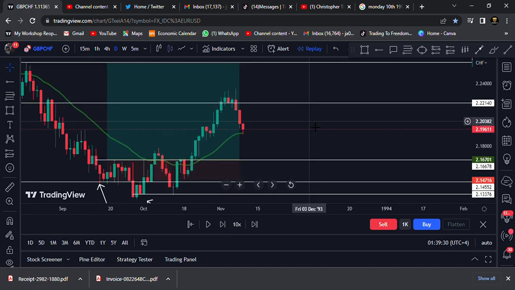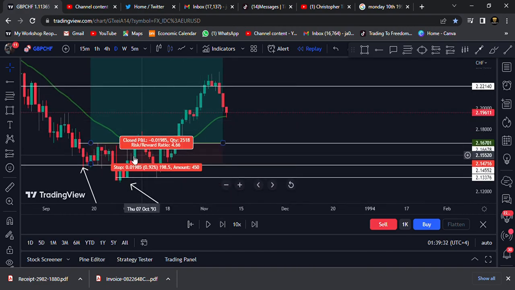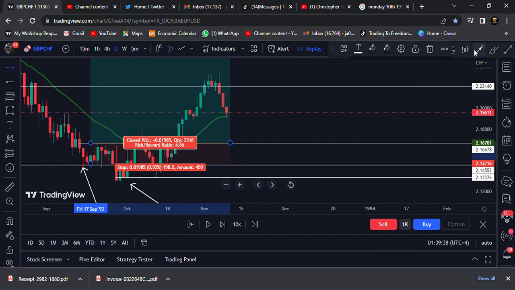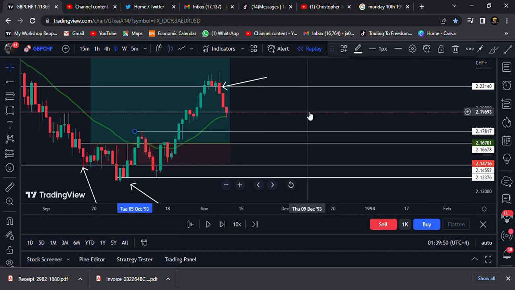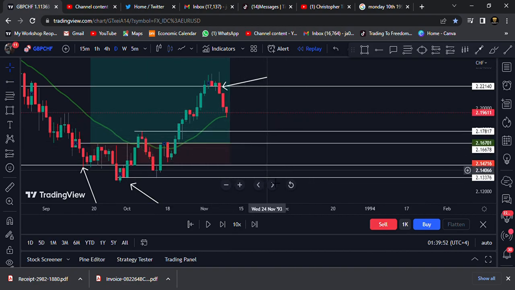But there are people that will still hold. For me, whenever the market gets this candle, this bearish engulfing, I usually get out, because I know when the market breaks like that, it will reach this level.